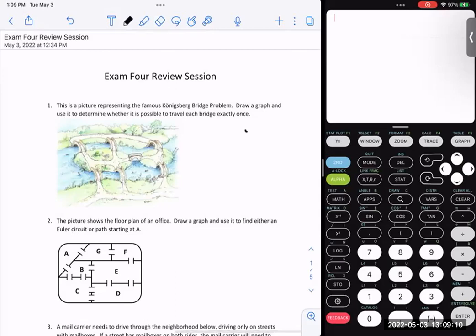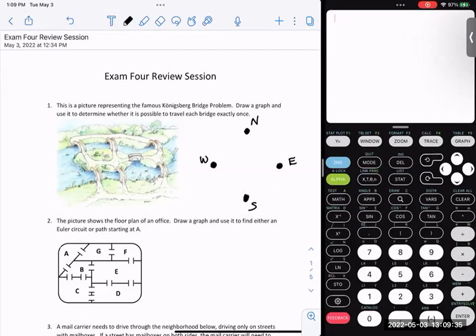Yours may look different from mine or from your neighbors because it depends on where you put those vertices. I'm just going to do it where they're at. And if you want to label those, you can. That might make it a little bit easier to talk about. So I'm going to call this North Shore, South Shore, the West Island, and the East Island. So those would be my 4 vertices.